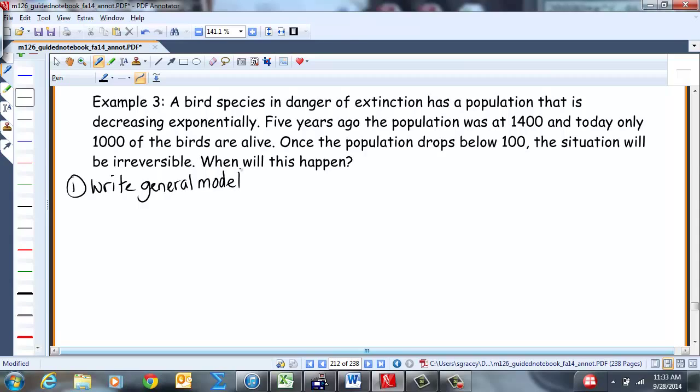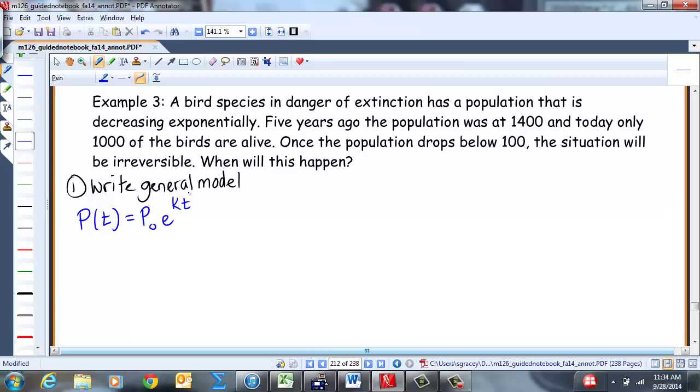And in this, we'll find our initial population. So general model, it follows a decay property. We'll do P for population. Population at time t is equal to the initial population times e raised to the kt.